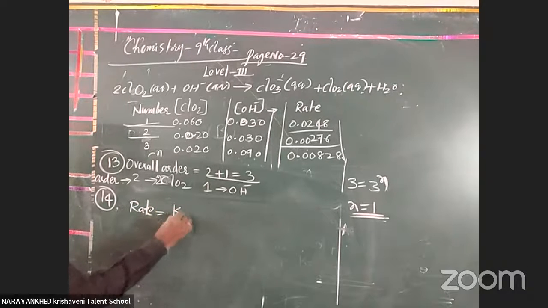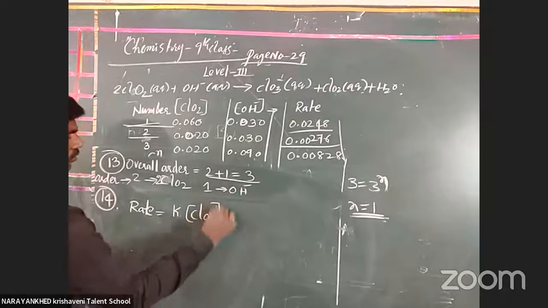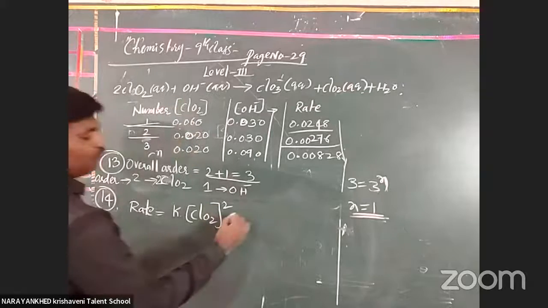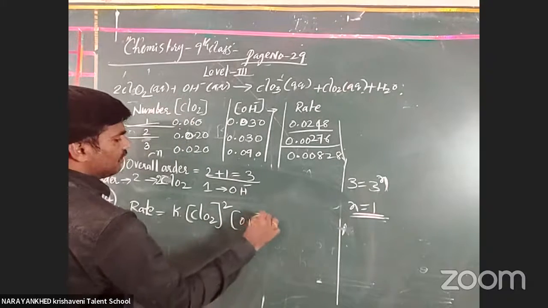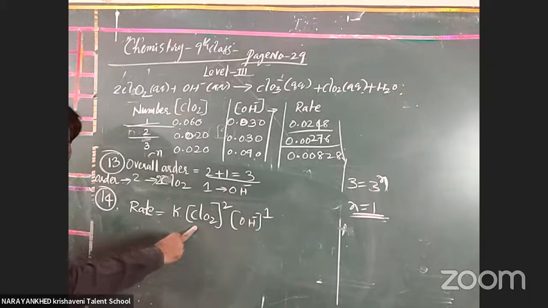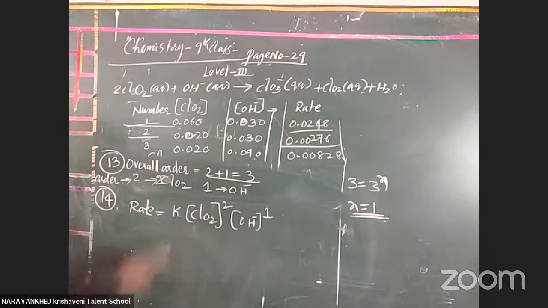Rate is equal to K into the concentration of ClO2 to the power of 2 and OH minus to the power of 1. Now what we require is the K value. How do we calculate the K value?